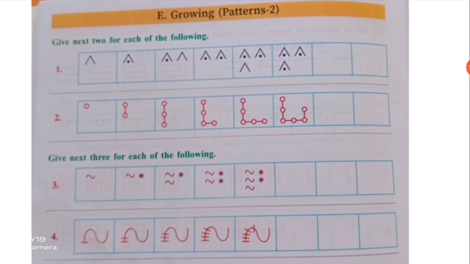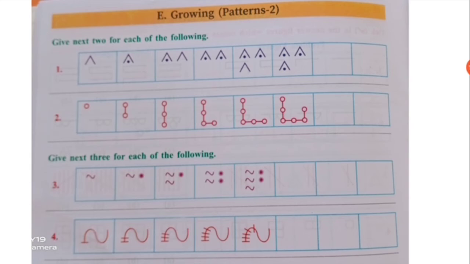As per the pattern, we have to draw an upper side line, and upside we have to draw one circle. Again we have to go left, and then draw one line and circle. Got it? Give the next three for each of the following.